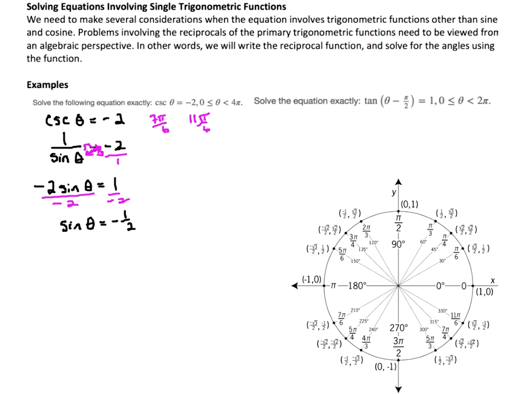However, I need to move through the circle again. So all I do is I take each of those solutions and I add 2 pi. Well, that's really 2 pi over 1 that I'm trying to add. I need to get a common denominator, so I multiply by 6 over 6.